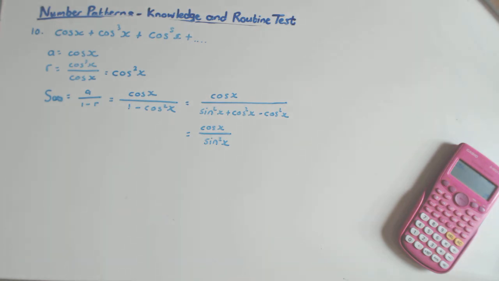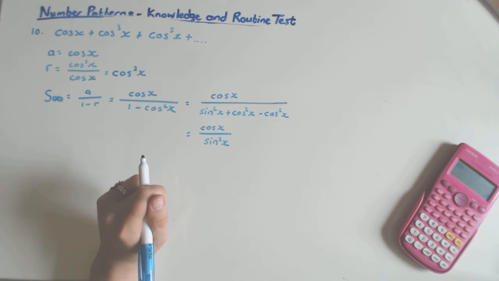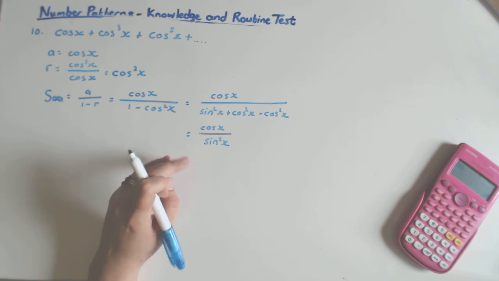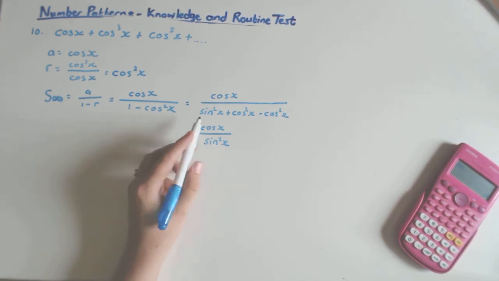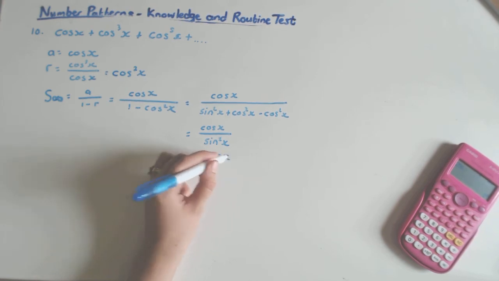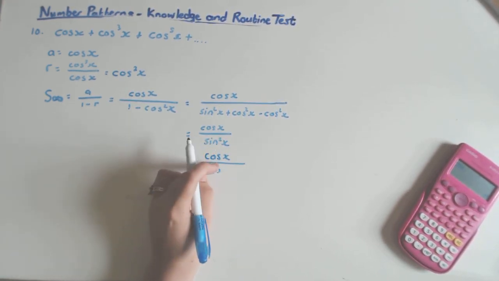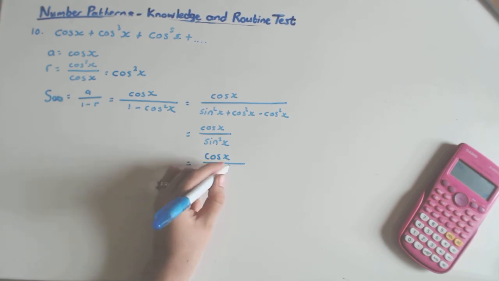In its simplest form, I guess you could say cos over sine is cot, because sine over cos is tan. So you can stop there, or you can go one step further, if I break these two sines, sine x times sine x.